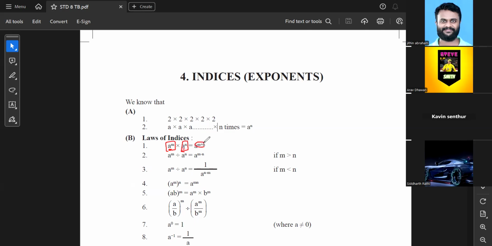For example, 2 raised to 4 multiplied by 2 raised to 5: since both have base 2, it will be 2 only, and 4 and 5 get added. 4 plus 5, your final answer is going to be 2 raised to 9. So whenever you see a raised to m and a raised to n multiplied with each other, all you have to do is write the base once, and then simply add the indices. Am I clear?